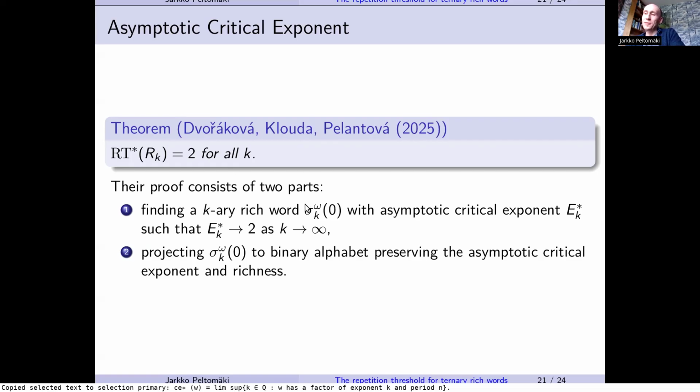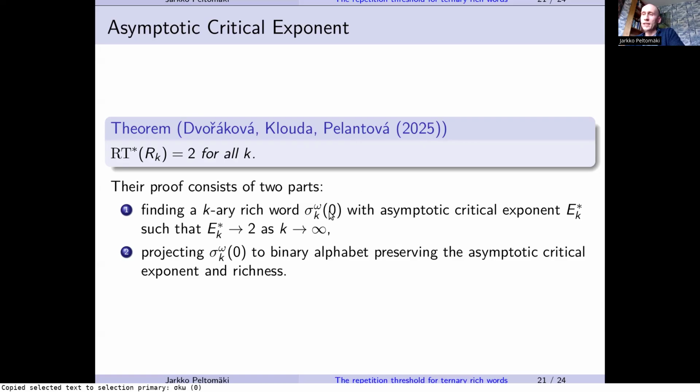They find a morphism sigma k which generates a k-letter rich word, and moreover, this word that you get from this morphism has to have the property that the asymptotic critical exponent tends to 2 as the alphabet size increases. So that's what you want to find.